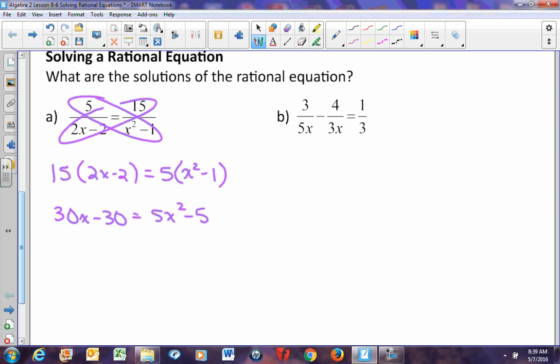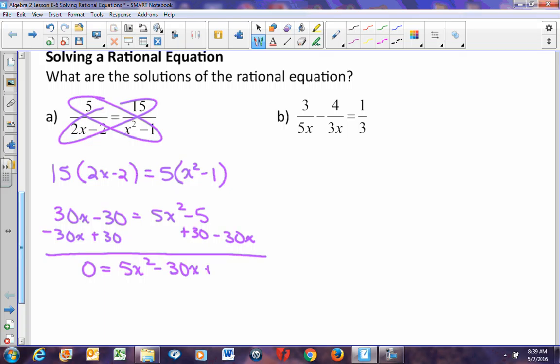Since this is a quadratic, because it's to the power of 2, I need to put everything on one side of the equation and then factor it to solve it. So I'm just going to move everything from the left side to the right side. So I'm going to subtract my 30x and add my 30, and I'm going to end up with 0 equals 5x squared, keeping this in standard form, minus 30x plus 25.